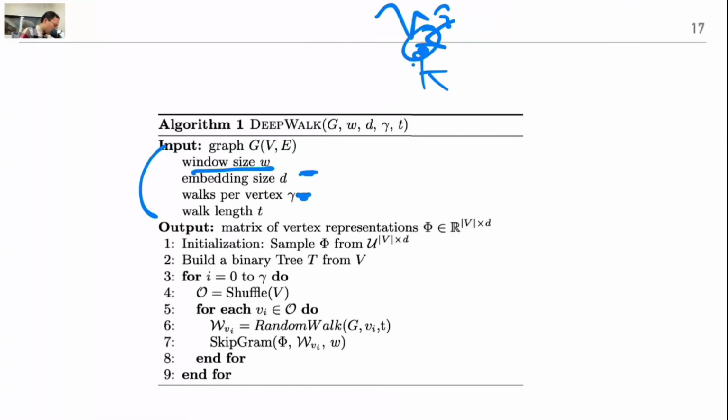So this is called the window size. And previously I explained the wrong information. Walk length is the random walk length. This one is how many random walks are generated from the random walk process.